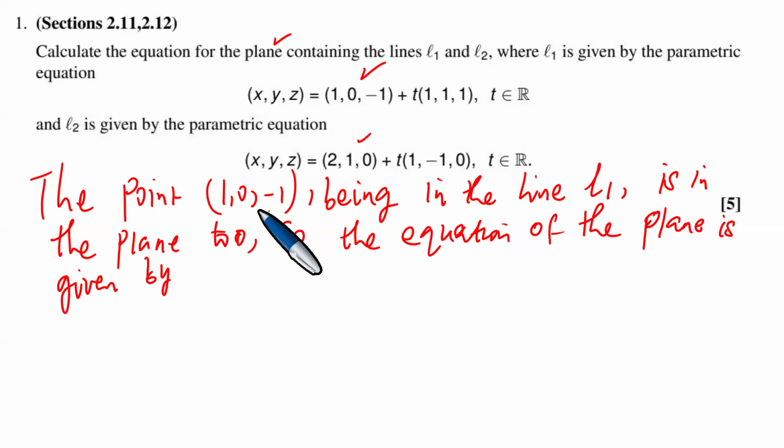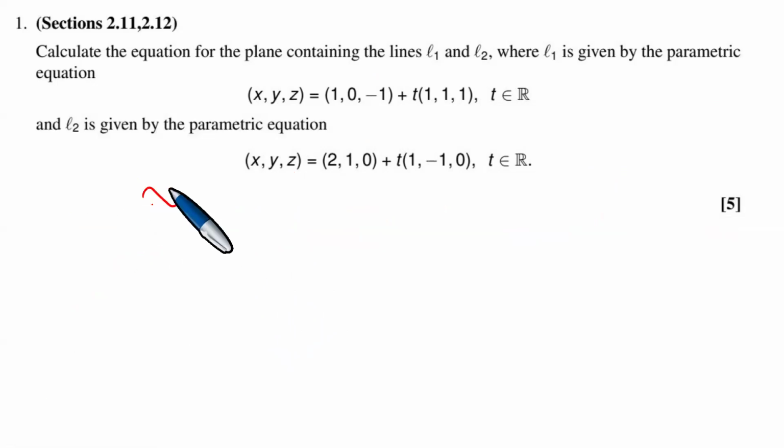There's a formula we use in this module. And what is the formula we use? We use the formula x dot normal equals point dot normal. This is the formula we use to find the equation of a plane.